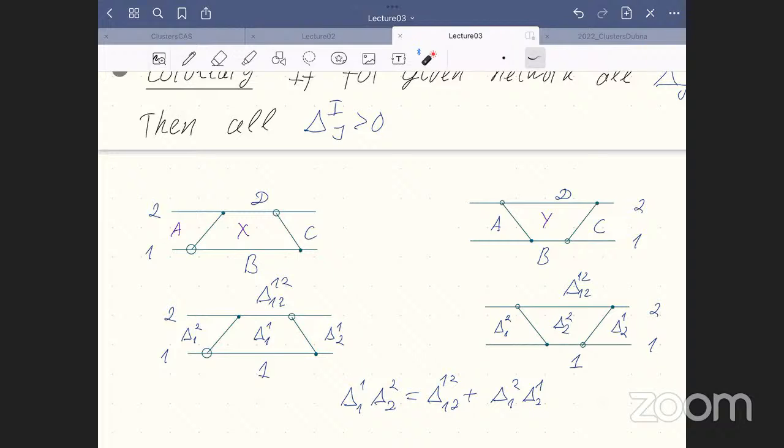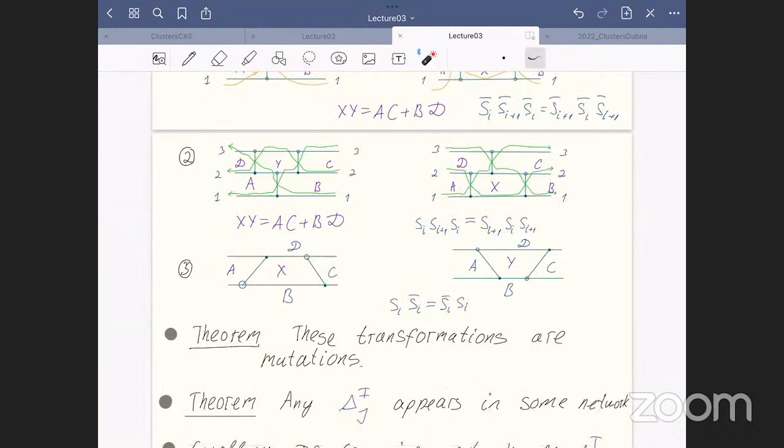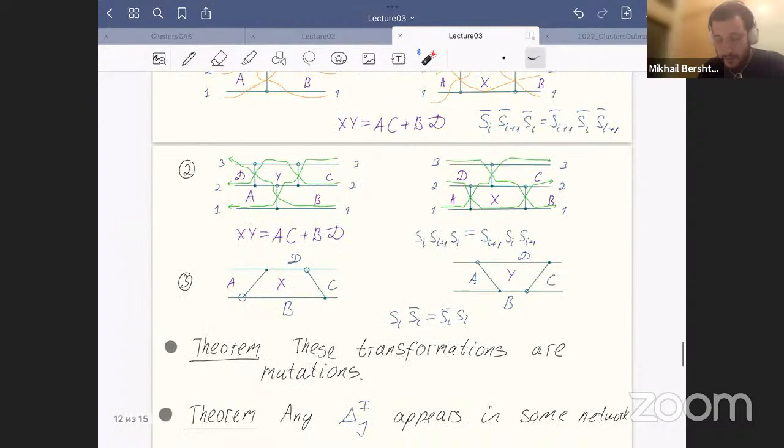Yes, okay, I understand, but I was talking about equality like the braid relation. By braid relation, we mean just the same. So the braid relation is a certain transformation of the network, which preserves our condition that any two zigzags intersect only once.